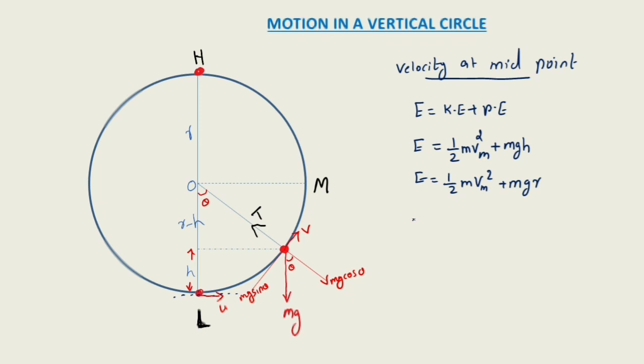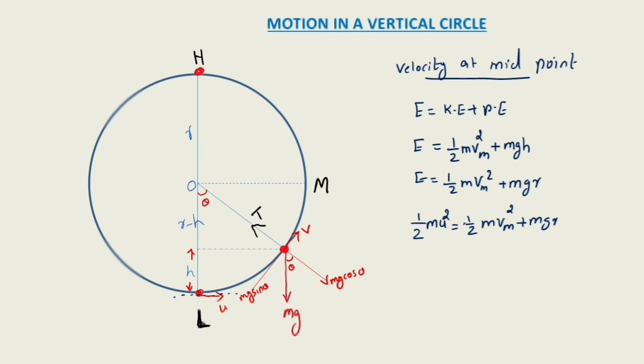Now what is the total energy here? Total energy means the energy possessed at the lowest point. At the lowest point the energy is half m u square, where u is the initial velocity given. That is equal to half m Vm square plus mgr.